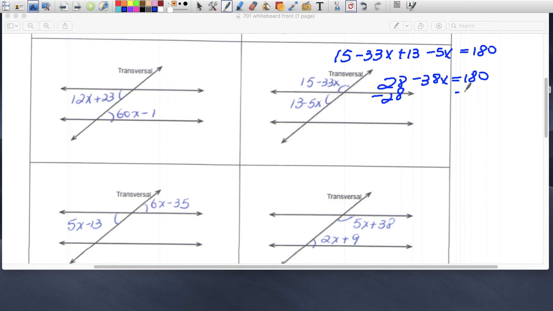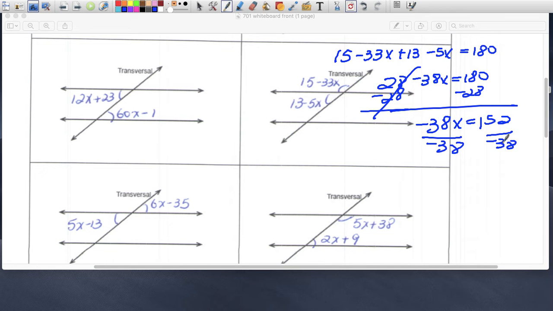Minus 28, minus 28. This goes bye-bye. Negative 38x equals 152. So you divide both sides by negative 38, right? So divide by negative 38. You're going to get a negative number.